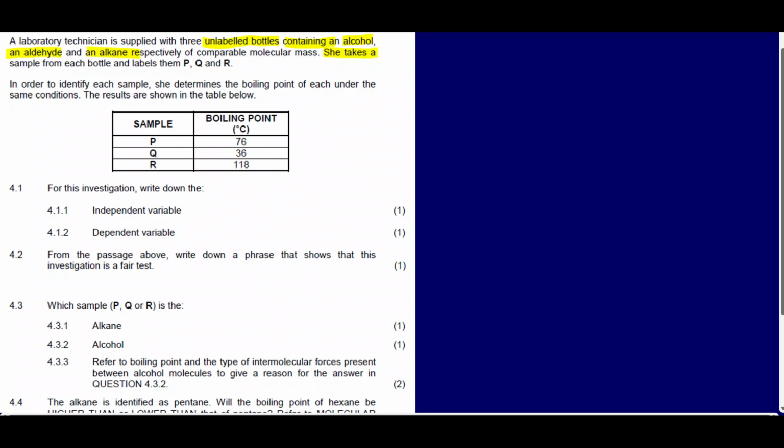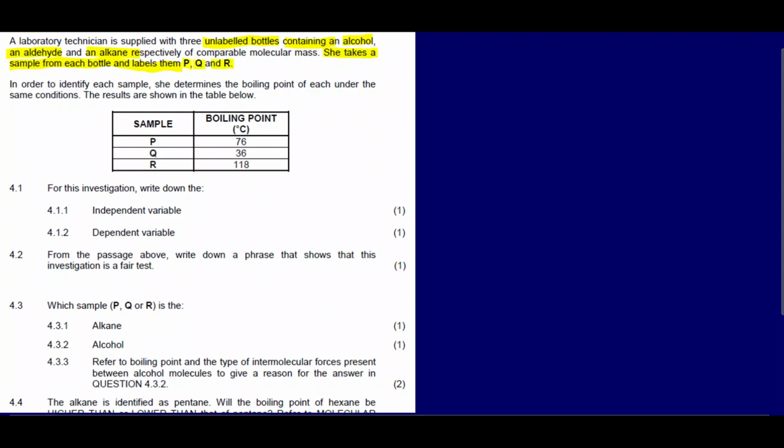She takes a sample from each bottle and labels them P, Q, and R. Remember, this lab technician didn't know what was in those bottles, but they knew that one has an alcohol, one has an aldehyde and one has an alkane, they just didn't know which bottle, because the bottles were unlabeled.